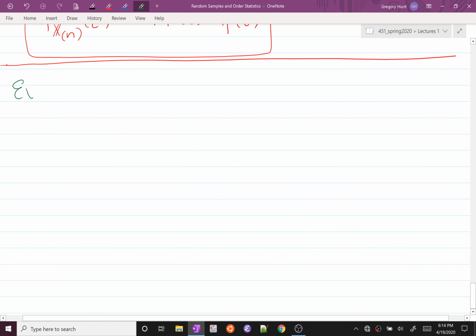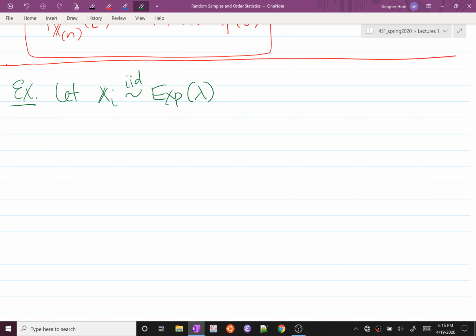Example. Let my random sample, X sub I, be IID from an exponential distribution with parameter lambda for my rate. So they're all independent. They all come from an exponential lambda distribution.